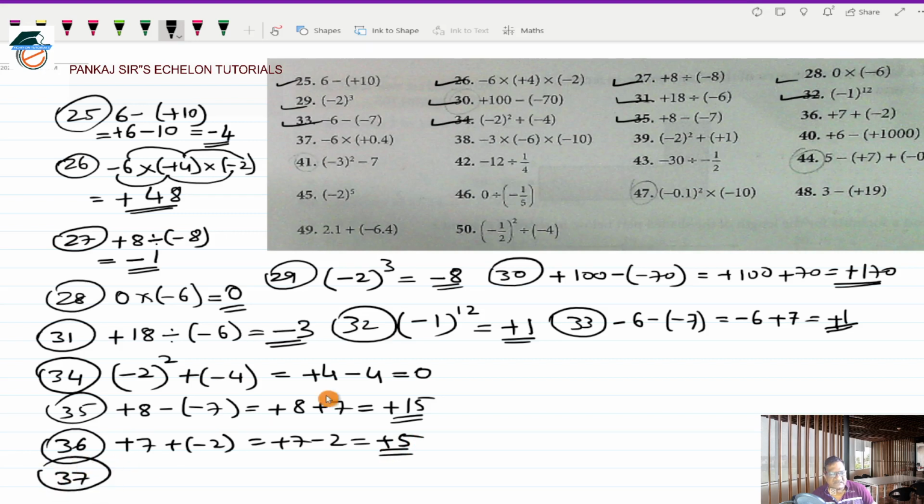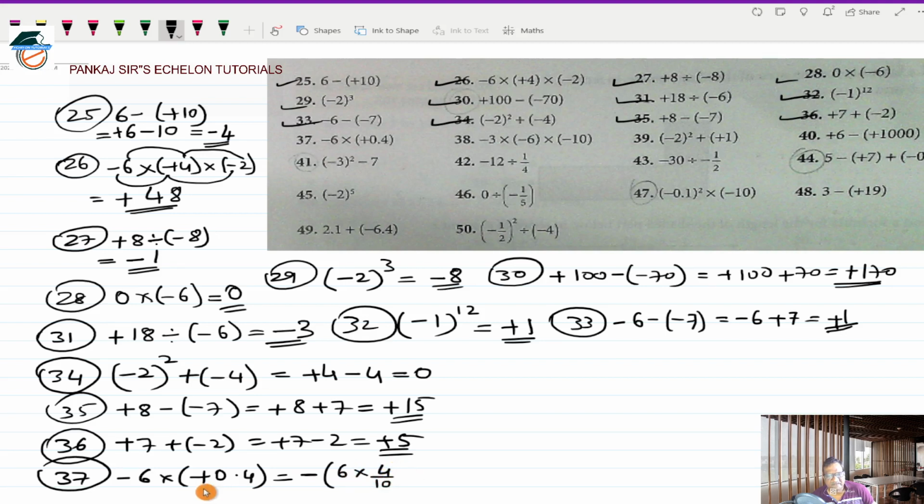37. It's a minus 6 multiplied by a plus 0.4. Now here again the multiplication of the sign, minus into plus will be a minus. And 6 into 0.4 can be written as 6 into 4 upon 10.